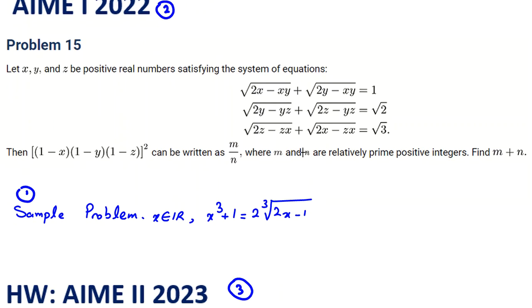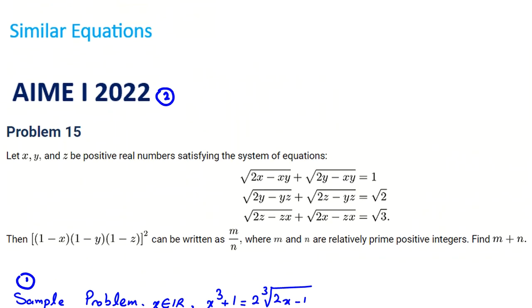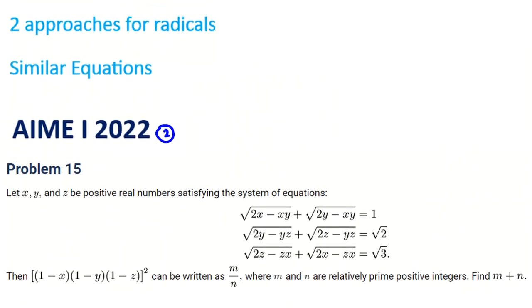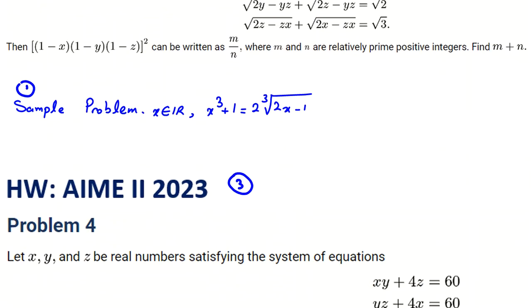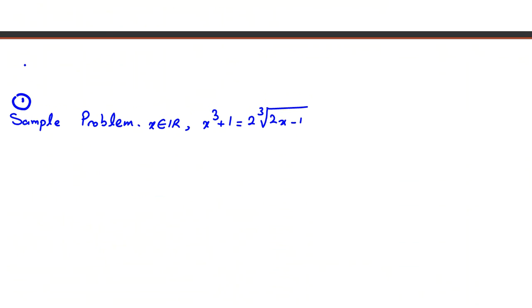During solving these problems, before solving this problem, I will tell you what the idea for similar equations is, and what the two approaches for radicals are. When we have a radical, for example an nth root in a problem, the first approach is to use a changing variable, and we will use that in the following problem.